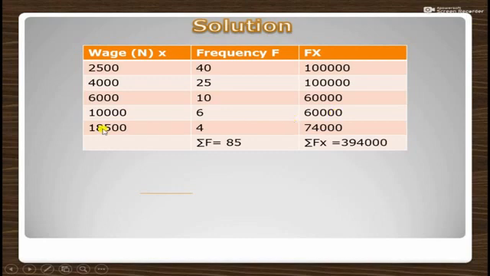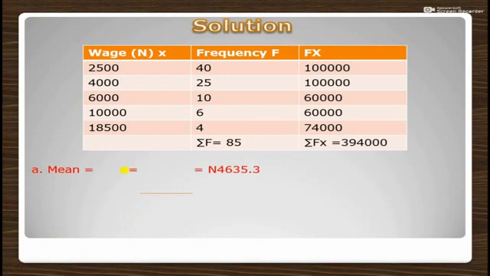Then 18,500 times 4 is 74,000. Having done that, you add these numbers together, and that gives you your summation of F of X, which is equal to 394,000 naira. So your summation of F of X is 394,000 naira, and your summation of F is 85 people.